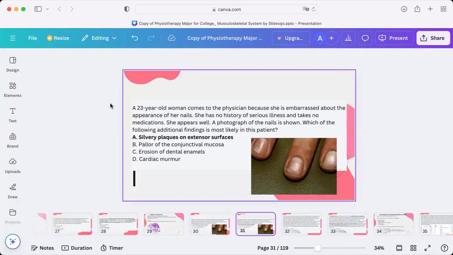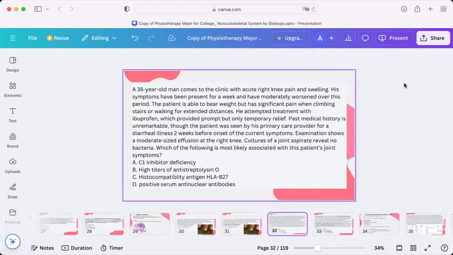And what finding would you see if it were B? So clubbing would be more in pulmonary diseases. B looks like iron deficiency anemia, and in iron deficiency anemia, typically you're going to see the finding called koilonychia. So it's going to look spoon shaped. So you guys were correct. I'm really happy that you guys were.